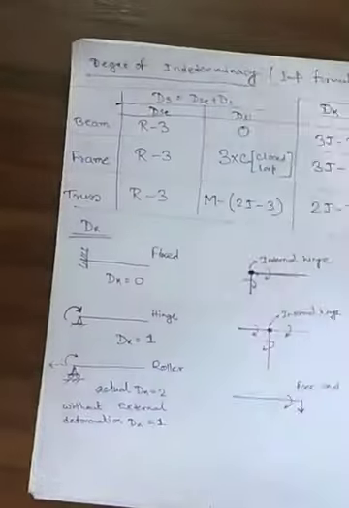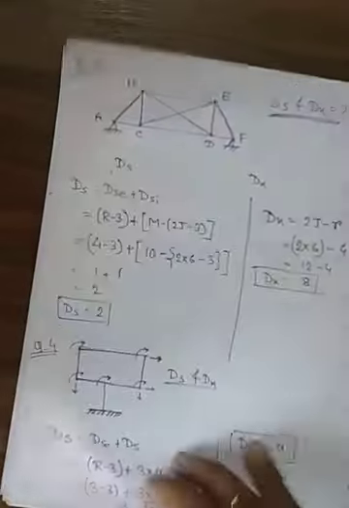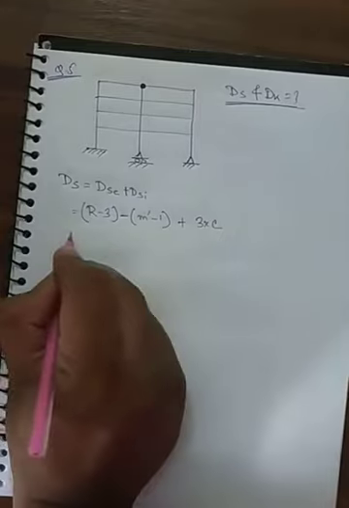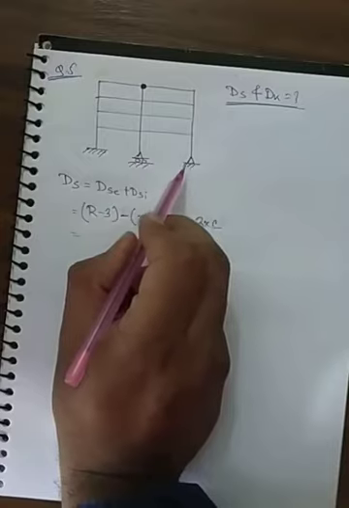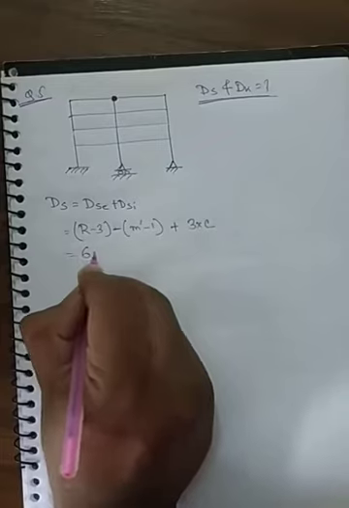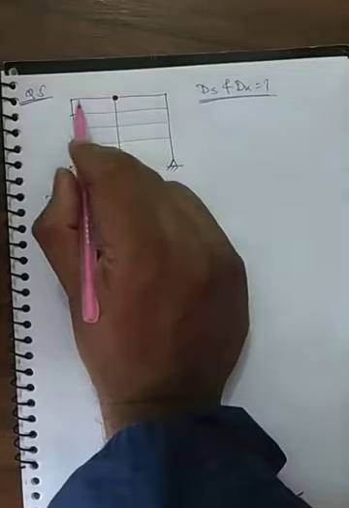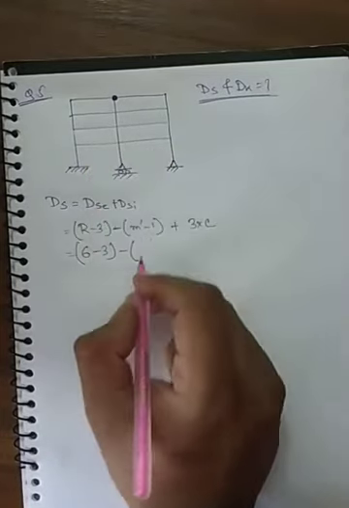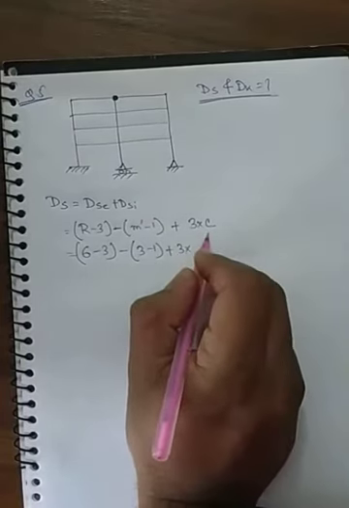In case of dsi, this is dsi for frame, this is 3 into c for closed loop, so 3 into c. R minus 3, what is your R value? This is 3, this is 1, 3 1 4 plus 2, 6 minus 3. M dash. Here 1 connecting member, 2 connecting member, 3 connecting member, that means 3 minus 1, plus 3 into c. This is the number of closed loops.